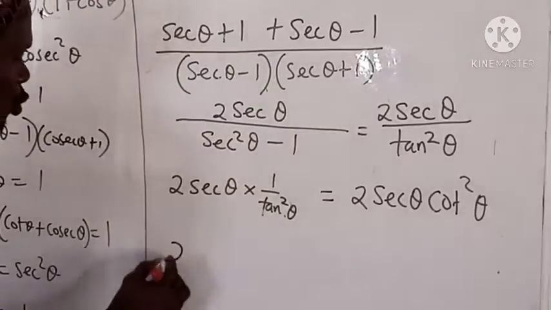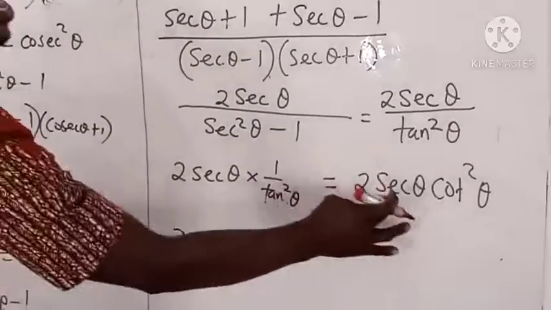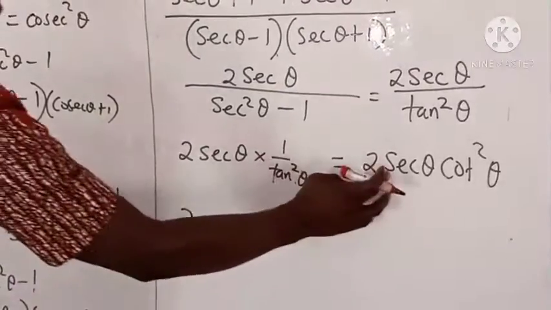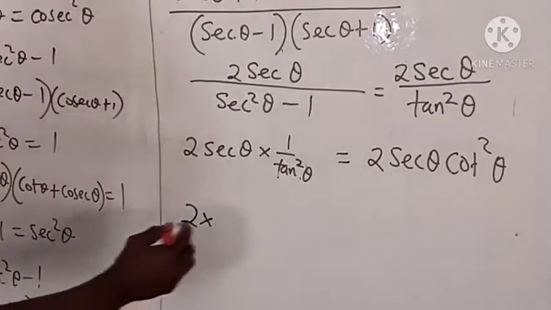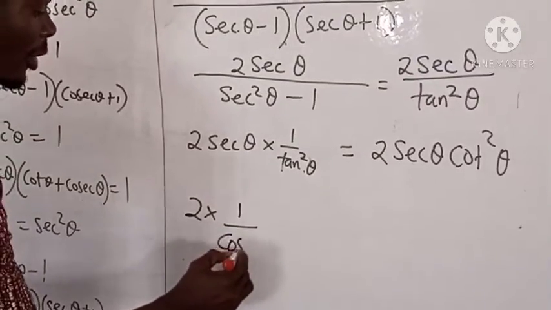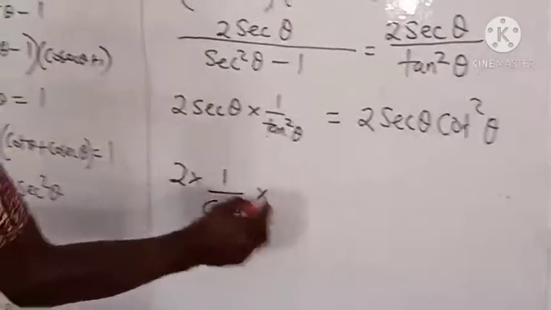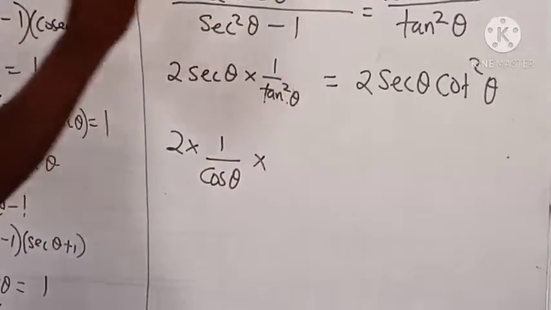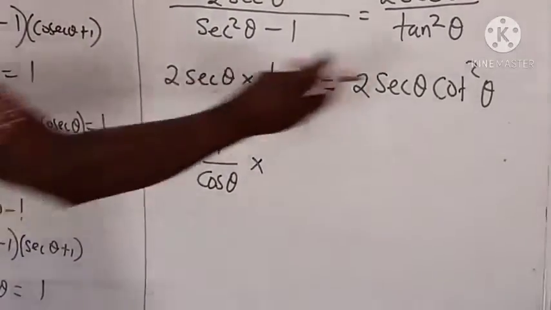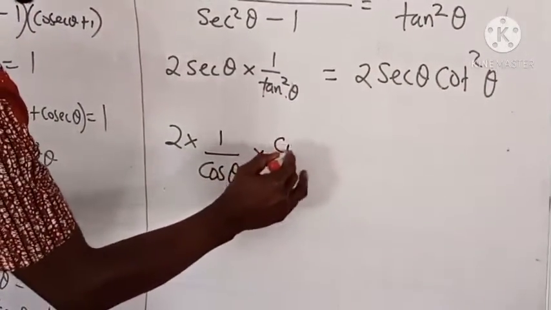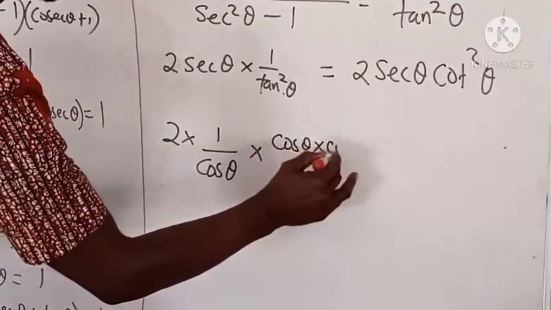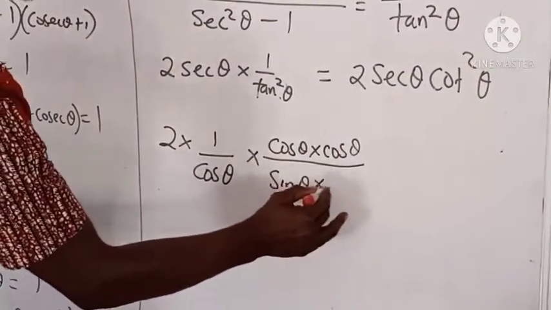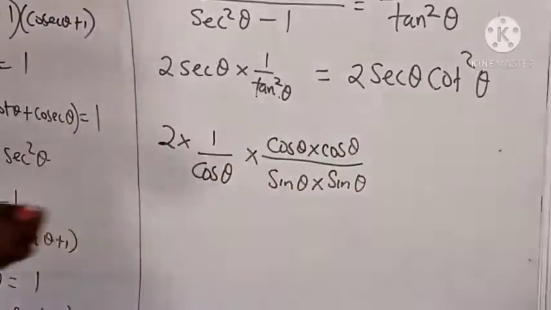This now becomes 2 times sec, which is the inverse of cos. So 1 over cos theta times cot, which is cos theta over sin theta. So cot squared becomes cos theta times cos theta over sin theta times sin theta.